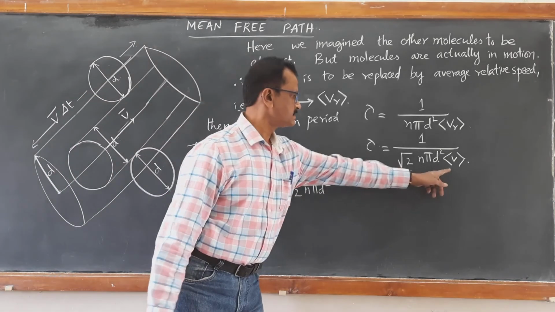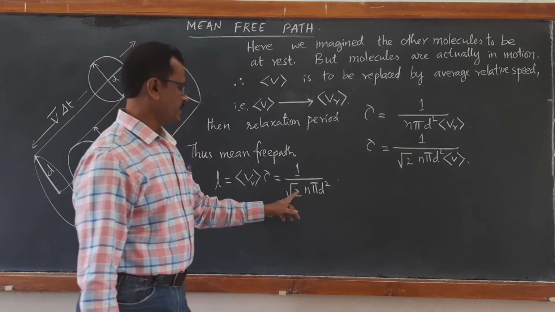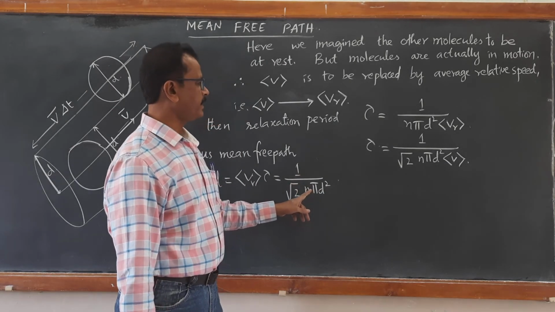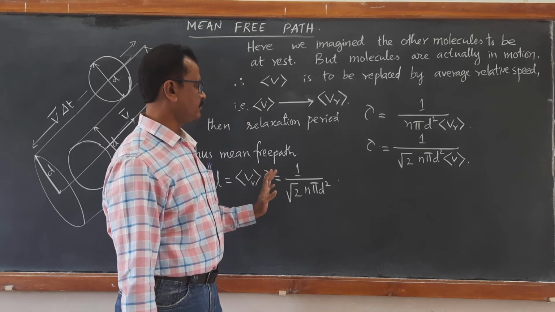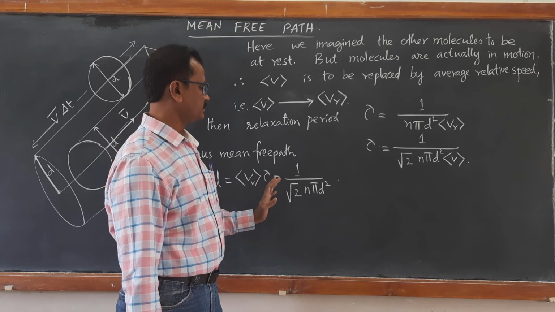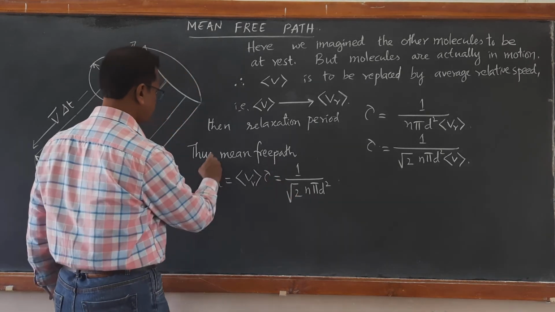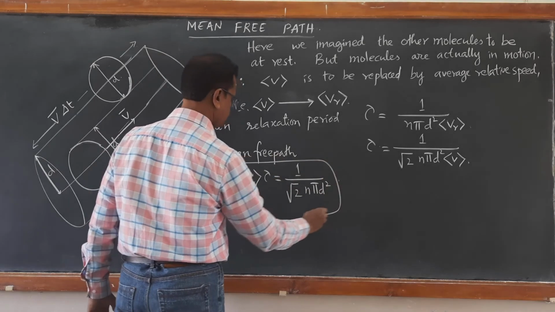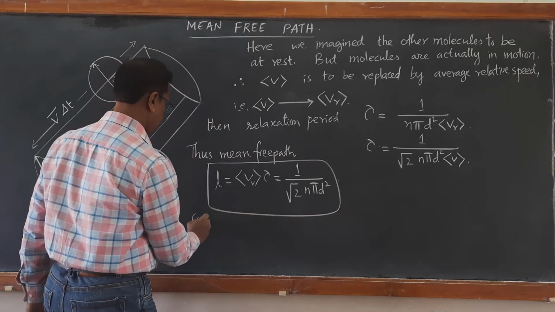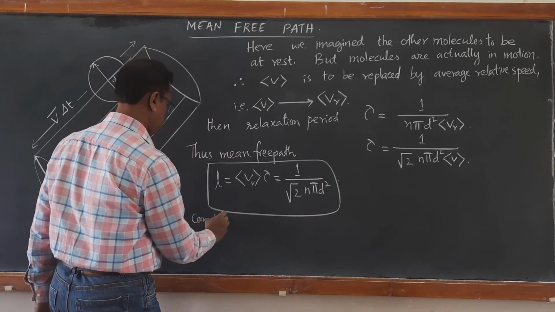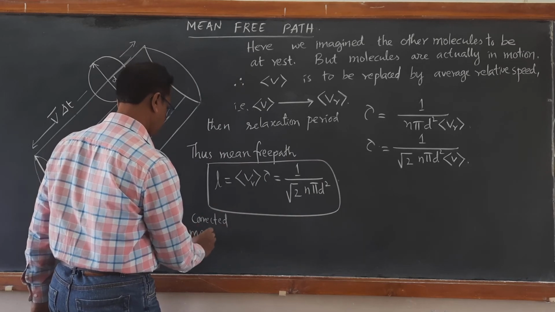So when this cancels with this, we get 1 upon root 2 n pi d square. This is the equation for the corrected mean free path.